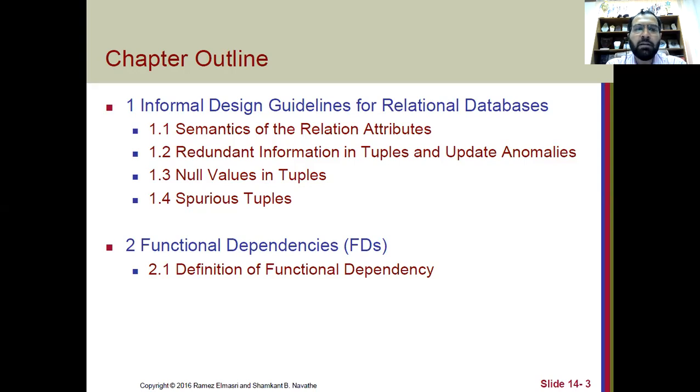Now 1.3 is the concept of null values. As we have discussed in the properties of the relation, a relation can hold null values, but we have to be very careful while we allow those attributes to have null values, because in this topic and the topics that follow, we will see that we have to be careful while applying various operations on those relations.